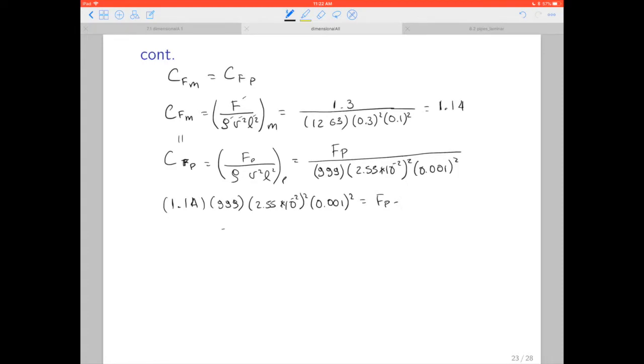This is the force in the prototype. And so if we input this in the calculator, we are going to have a force of 7.31 × 10^-7 newtons. So this is a very tiny force to be measured. So you can see from this example the advantages of having a similarity.